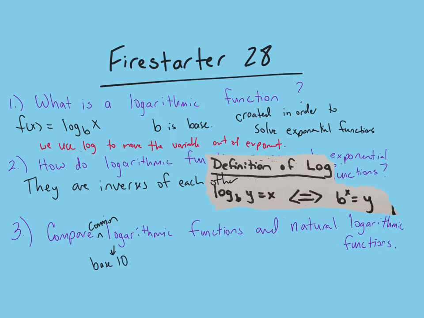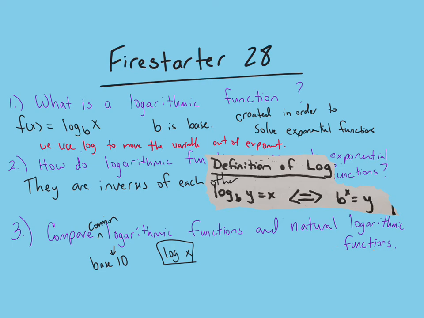That's so common that when you press log on your calculator, they don't write the number 10. If you ever see log without a base written, that means base 10. It's a common log. Natural log is another idea that they use a lot. In nature, it's a number called e, and we'll talk about that another day.